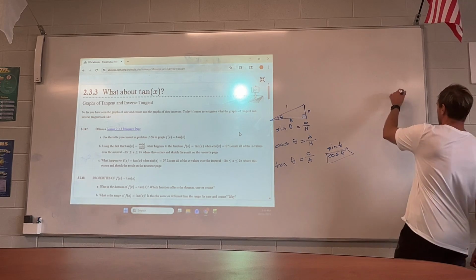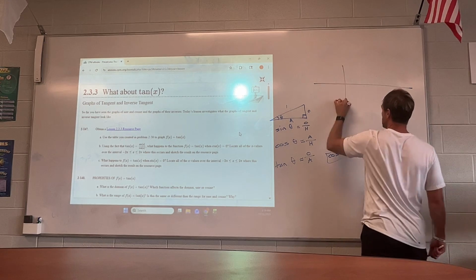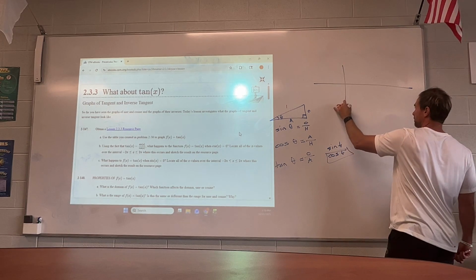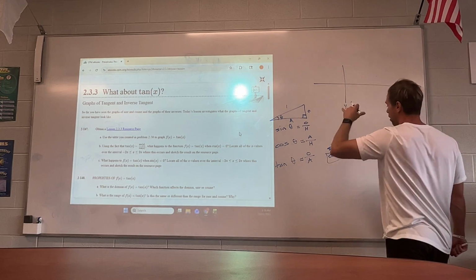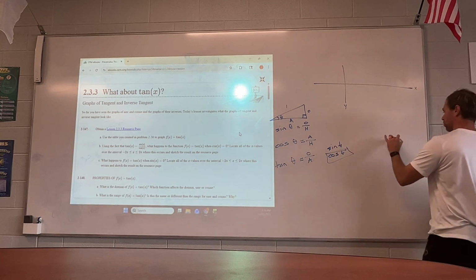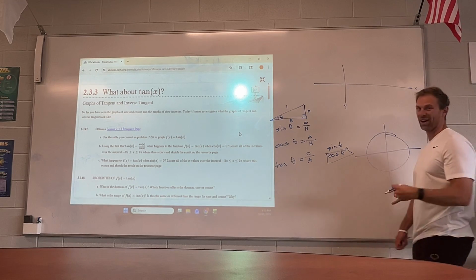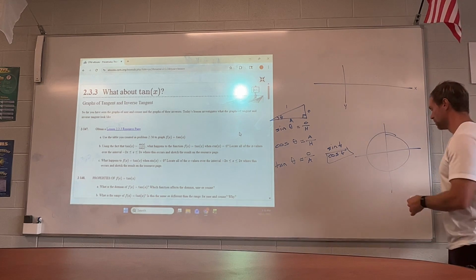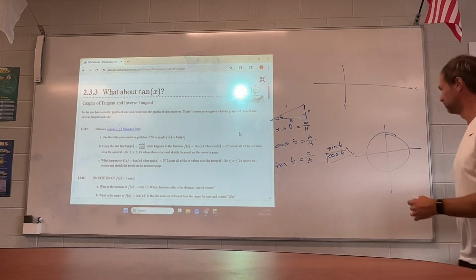So looking at graphing tangent, where on the unit circle is our cosine, which is our x values? We should know that by now. Where are our x values going to be 0?